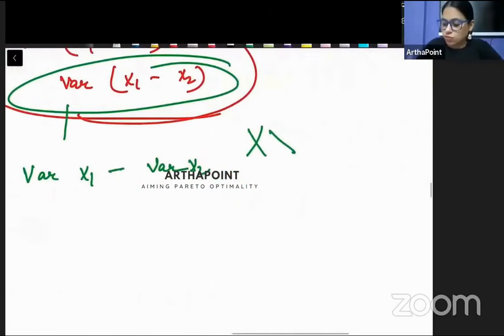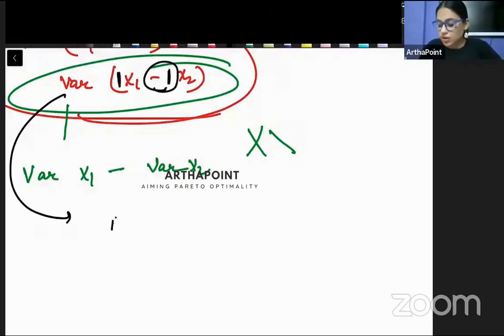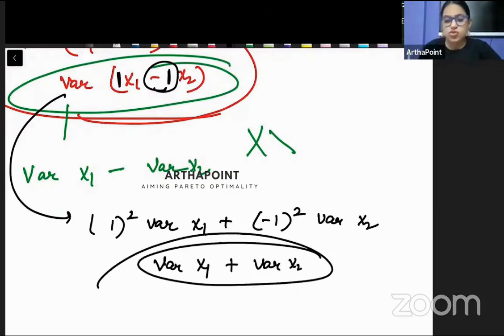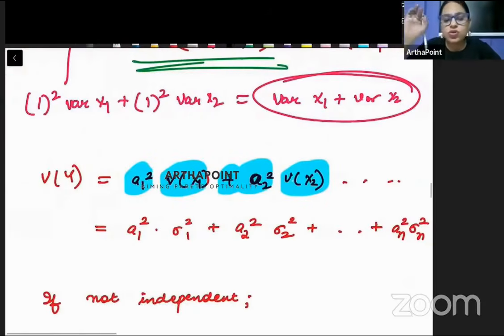So if I just follow that formula, a1 is 1 and a2 is minus 1. So a1 square variance of x1 plus a2 square variance of x2, so variance of x1 plus variance of x2. That is going to be the answer. Please note this down. Both of them will be equal to each other. It is very important to note this down.